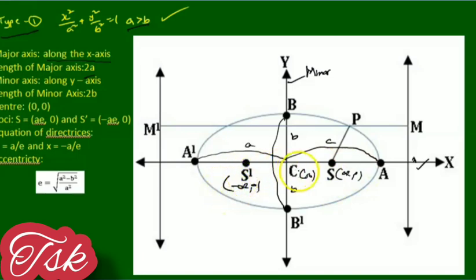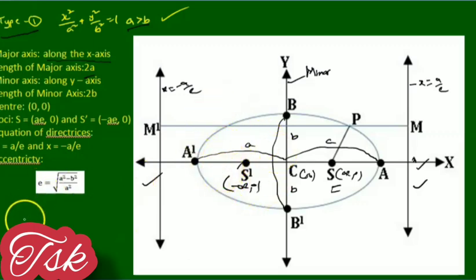The equation of the directrix with respect to S (ae, 0) is x is equal to a by e. For S dash, it is x is equal to minus a by e. For S equal to (ae, 0), the corresponding directrix is x is equal to a by e. For S dash, the corresponding directrix is x equal to minus a by e.